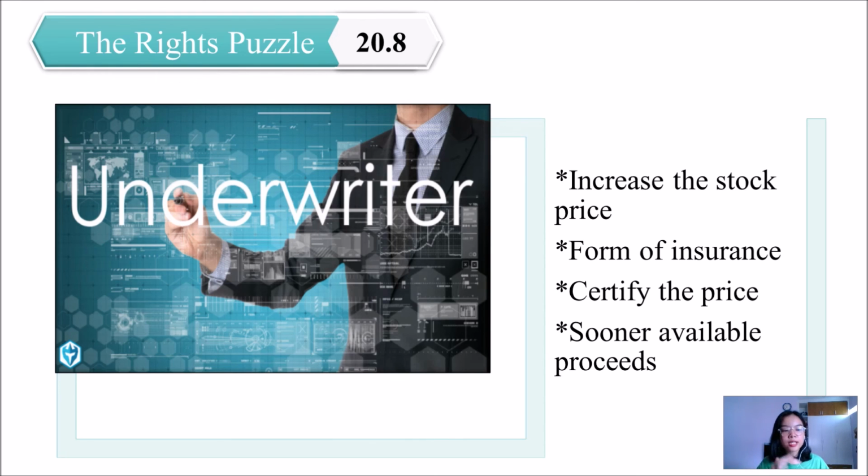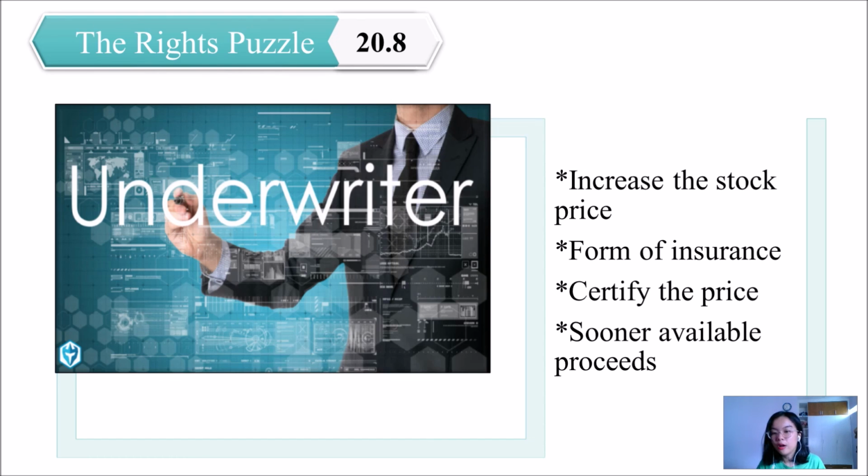Now we will take a new perspective on the rights proposal. There are a few explanations about the rights proposal. The first explanation is that underwriters increase the stock price. The second is that the underwriter provides a form of insurance to the issuing firm in the firm commitment underwriting.